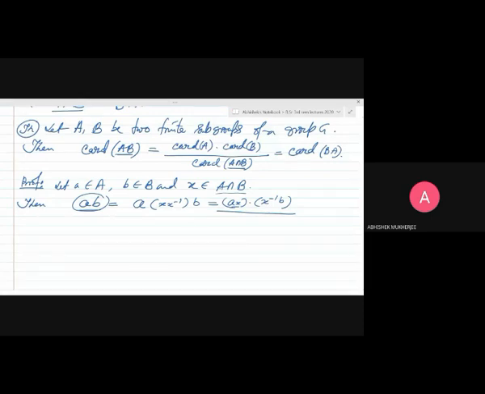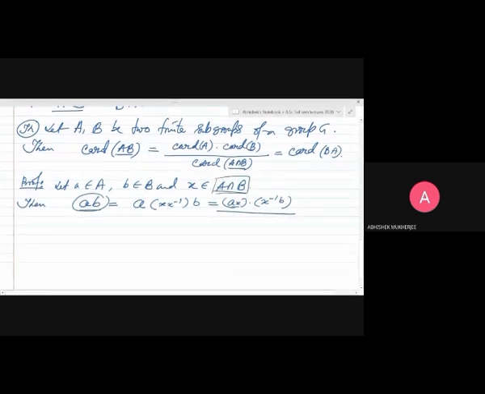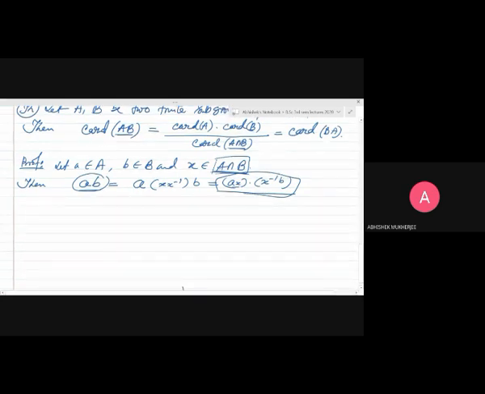The number of elements of A intersection B will determine the number of representations of this element. And since A and B both are finite, A intersection B is also a finite set.